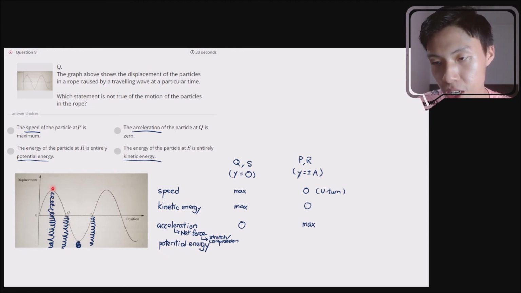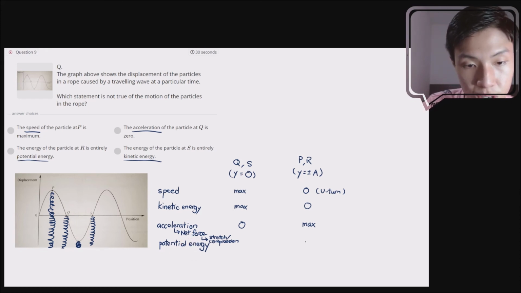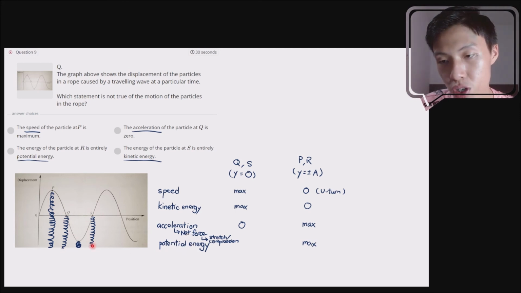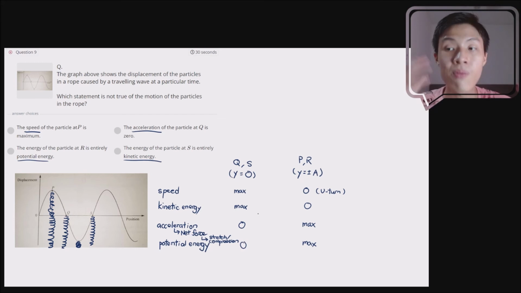So the maximum amount of stretch, maximum amount of compression, means maximum potential energy. That's going to be max. Of course, if you have no stretch or compression to your spring, your elastic potential energy will be 0. Of course, the principle behind it is not that all the particles are connected to a spring, but you can think of it as SHM.